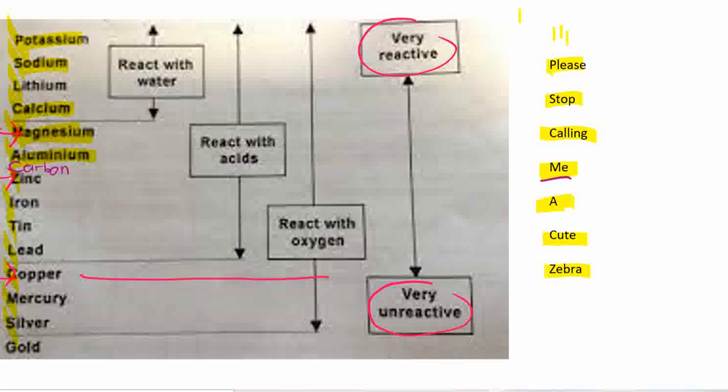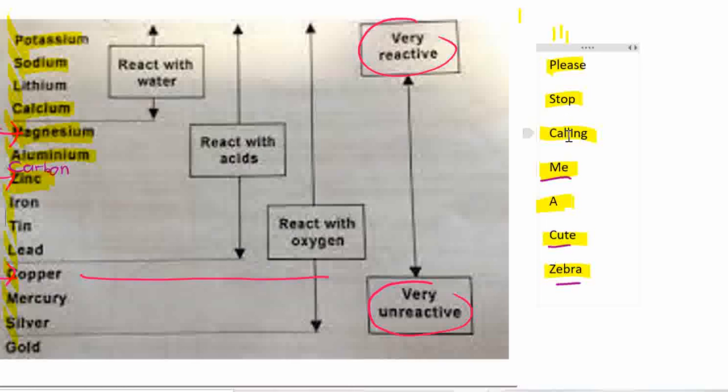Then zebra is for zinc. So please stop calling me a cute zebra is the way to help us remember the metal reactivity. This is for potassium. Stop is for sodium. Calling me is for calcium. Me is for magnesium.